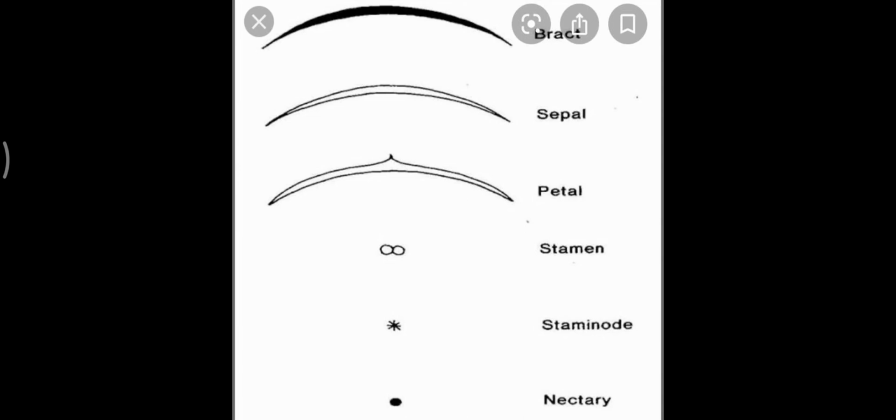Then sepal is represented by without any color. Petal has got a specific diversion in the center. Stamen is represented by 2 small circles, or you can say alphabet, or you can say a number 8. Then star means staminode. Nectary is represented by a dot. So these are the few symbols that we use for writing the floral diagram.